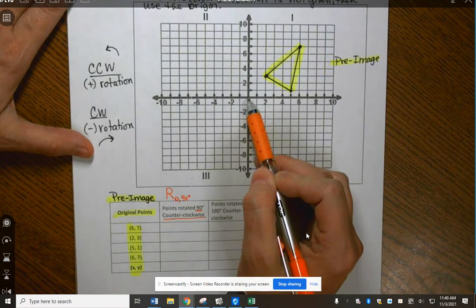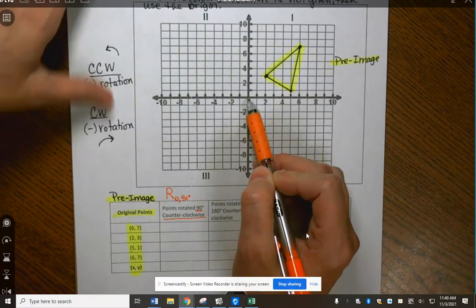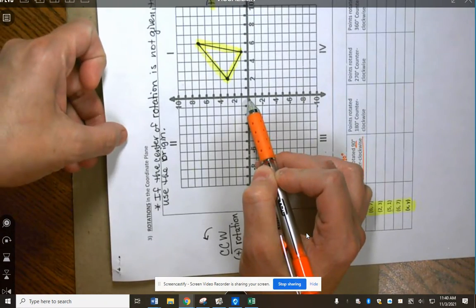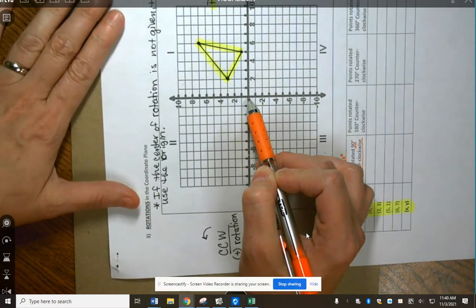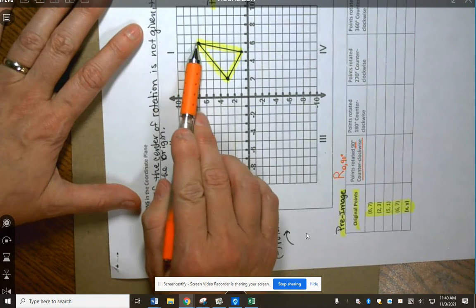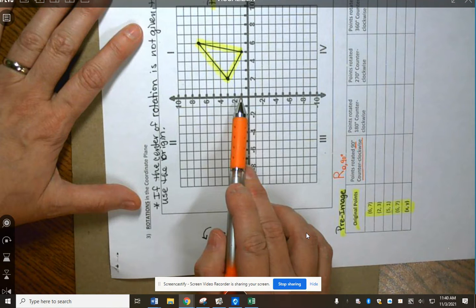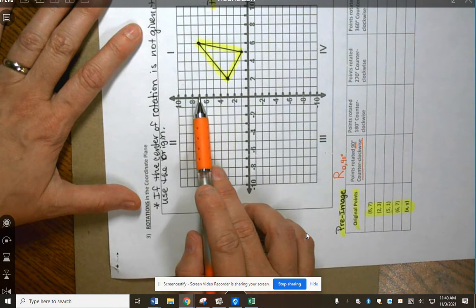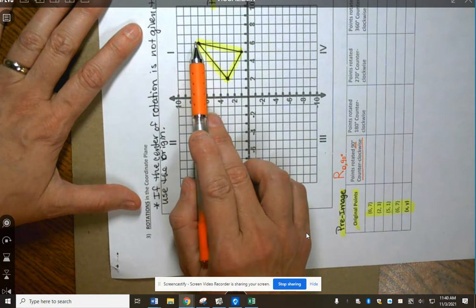I'm going to put my pen tip here at the origin, and I'm physically going to turn my paper 90 degrees counterclockwise. This original point that was at 6, 7 is now going to be at negative 7, positive 6.